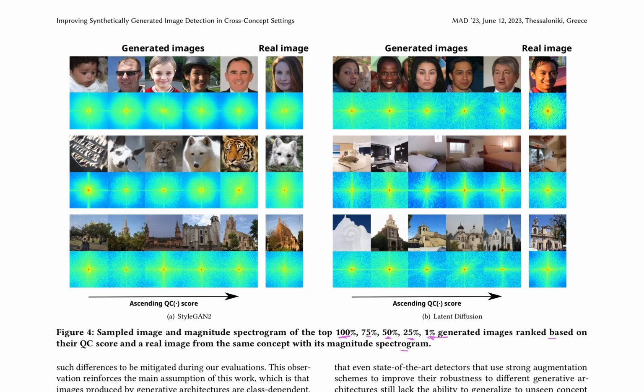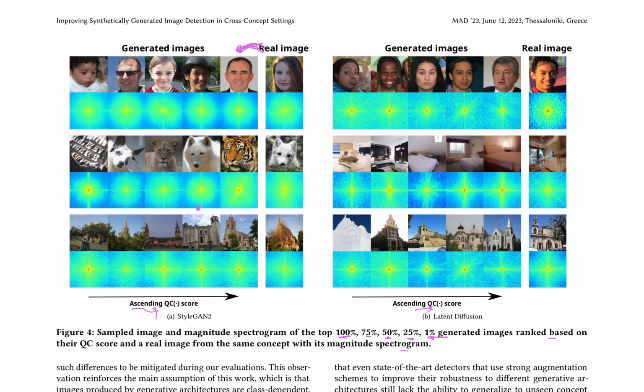So as it was showing, it's ascending QC scores, and the one with the highest QC score is very, very close to the real image compared.